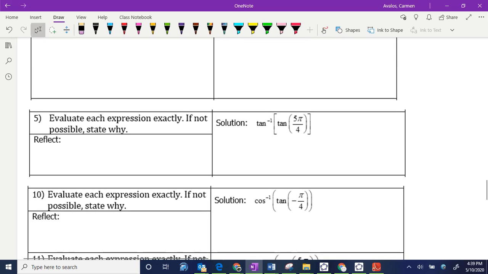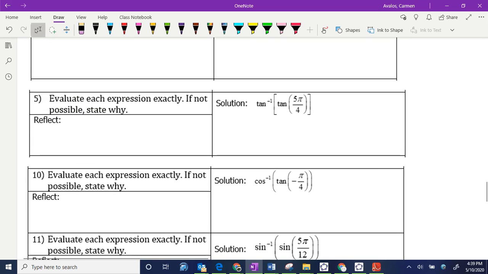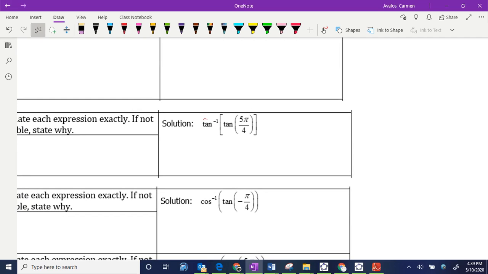Then doing these types of problems here are also going to be important because when you have tangent inverse and then tangent again, do these two cancel each other out and we get 5 pi over 4? Sometimes it's true, sometimes it's not. So you're going to have to follow again. Now notice this is 5 pi over 4.